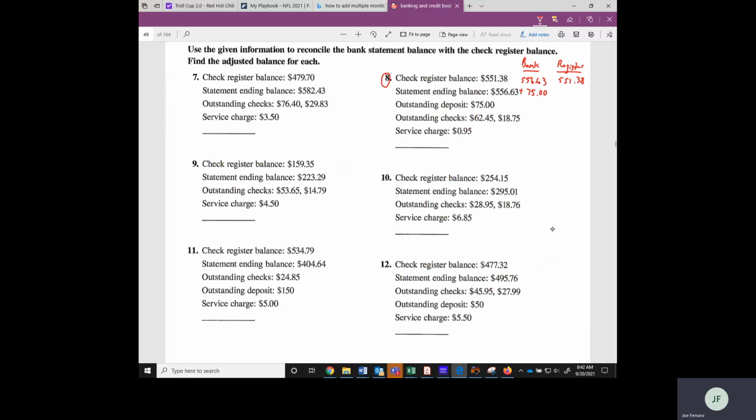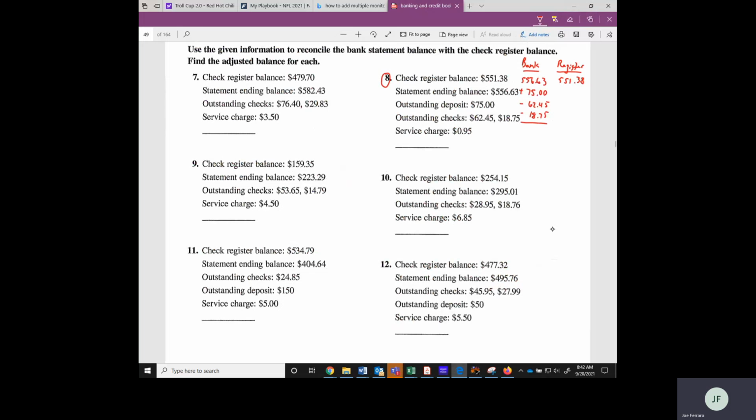Then we have two missing, or outstanding, checks: 62.45, which is a minus, and 18.75, which is a minus. So you take your calculator: 556.63 plus 75.